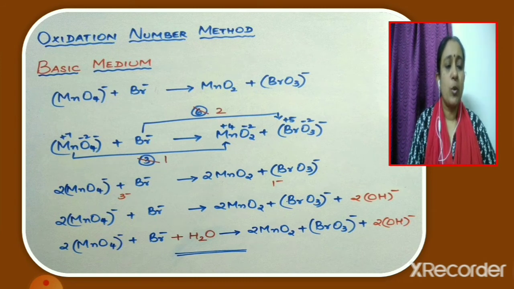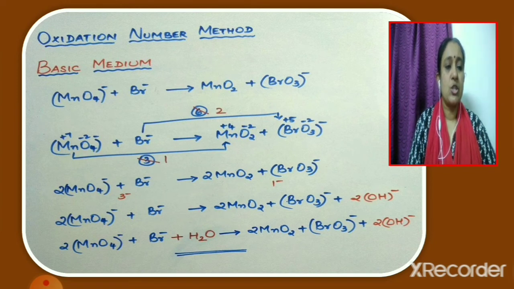Now in the case of bromine, the oxidation number changes from -1 to +5, or we can say that there is an increase in oxidation number and it increases by 6. 6 can be divided by 3, so we get the numbers as 1 and 2. And after that, interchange and then take them along with the equation. So now our equation becomes 2MnO4- + Br- gives 2MnO2 + BrO3-.